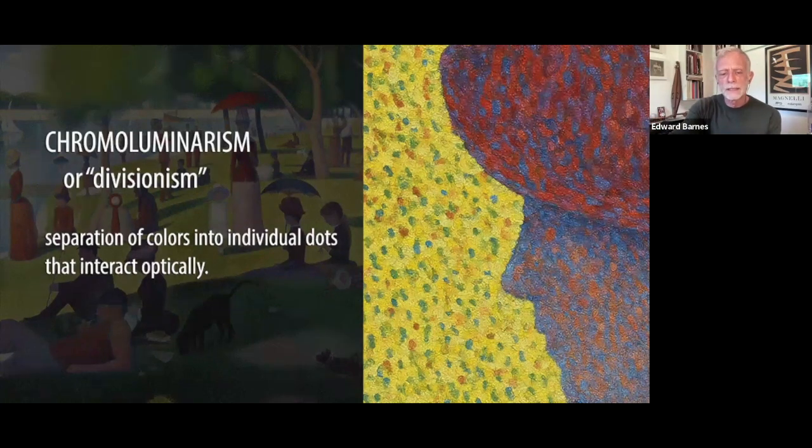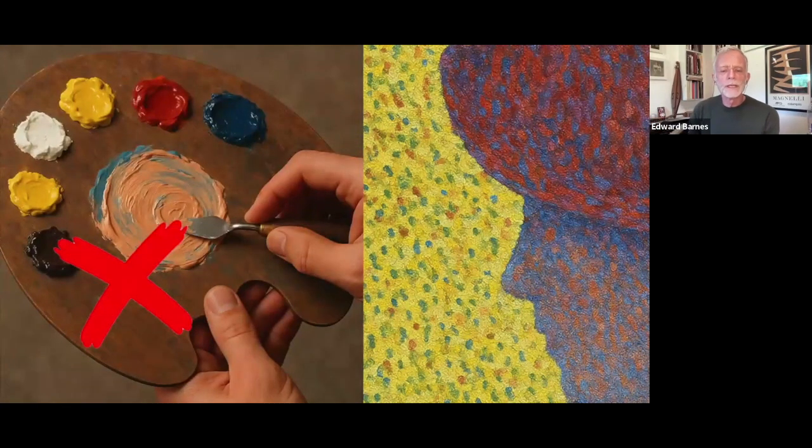So for instance, in this particular one, the painter would not be actually mixing colors of paint and then applying that mix onto the painting in the same way. For instance, if the artist is now trying to paint this lady's face in the shadow of her hat, he is not creating a color that is the color of her flesh tone. He is creating different colors which are put side by side.